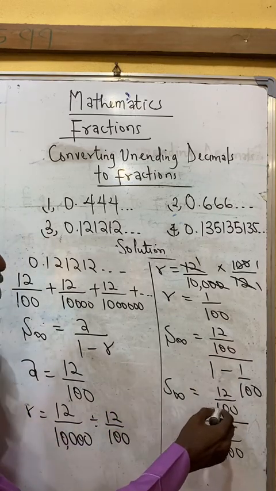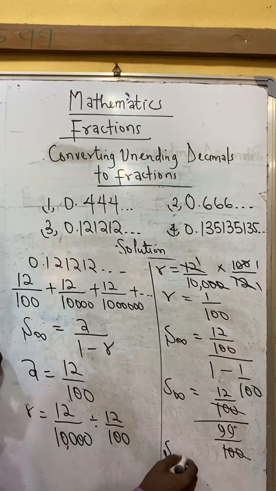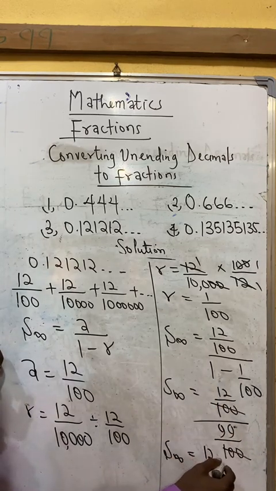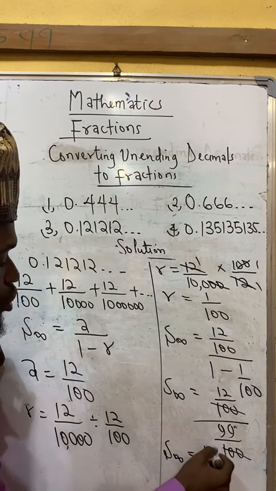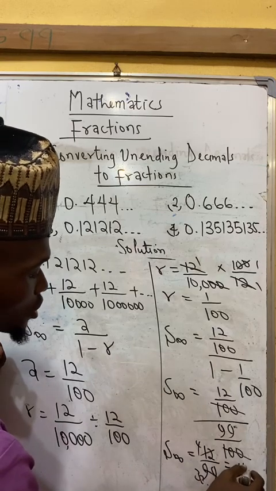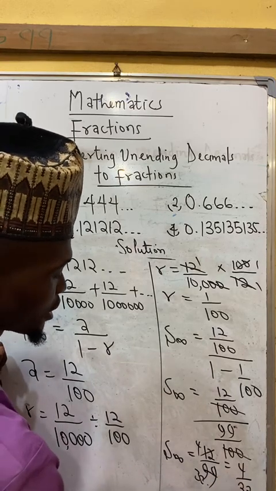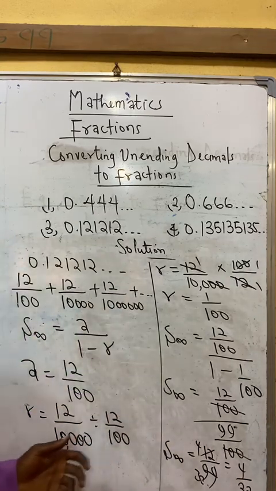Don't waste time: 100 can cancel 100. So S to infinity equals 12 all over 99. We can reduce this: 3 into 12 is 4, 3 into 99 is 33. So that's 4 all over 33. That's my final answer, which is the same answer as what we got in the previous example.